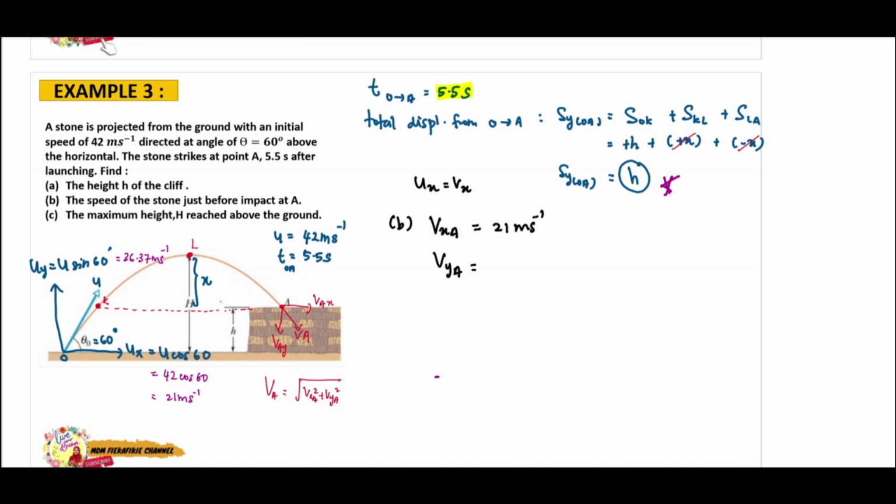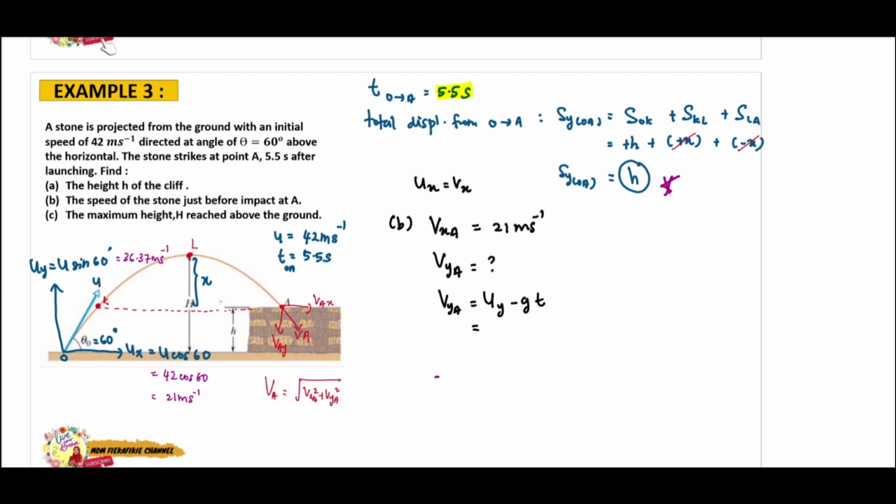And for VYA, so we need to calculate what is VY at point A by using equation of VYA equal to UY minus gt. Uy is the initial speed in y component and t is the time taken daripada O to A, 5.5 seconds, right?